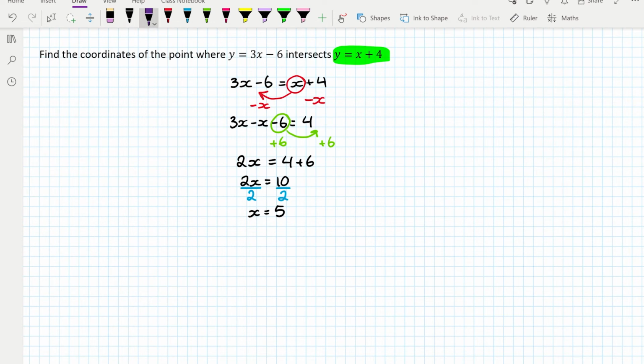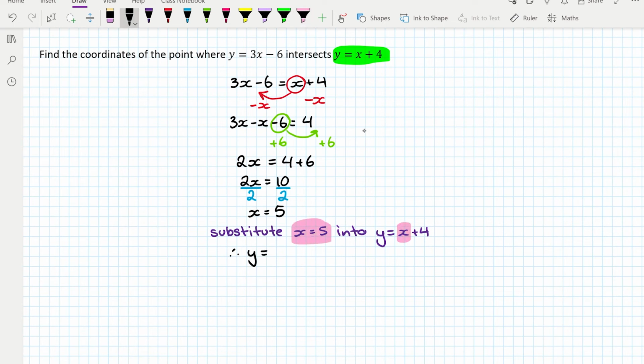So what we're doing is substituting x equals 5 into our equation of y equals x plus 4. When we do that, we're going to get y equals, just instead of x, I'm putting 5. So our x equals 5 is going to replace this x here.